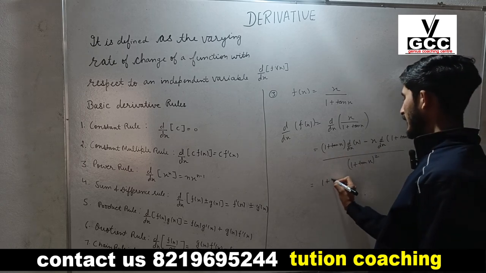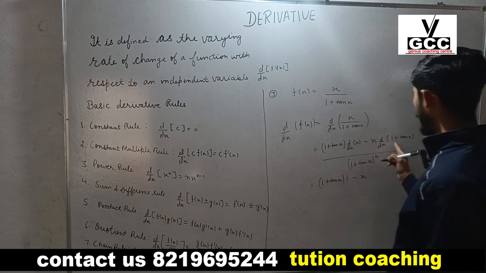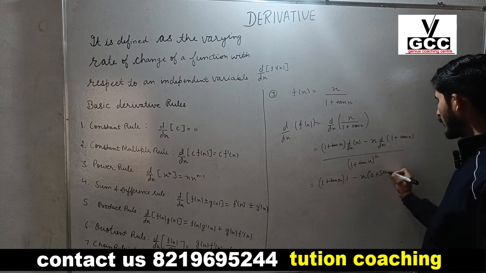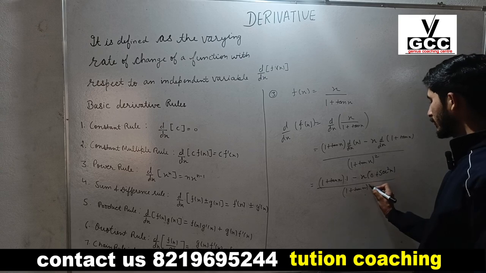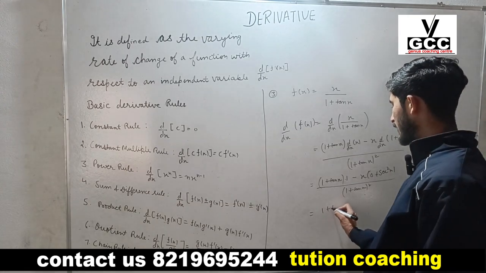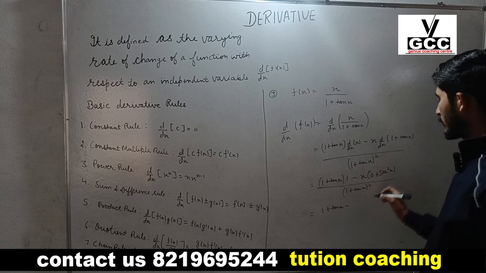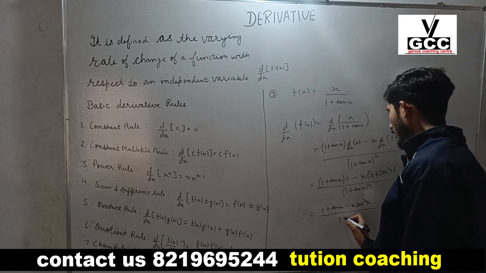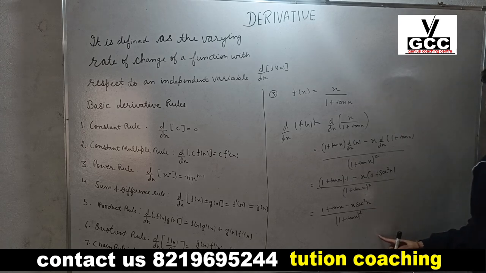whole squared. So we have to solve: 1 plus tan x as it is, derivative of x is equal to 1, minus x, derivative of 1 is equal to 0 plus derivative of tan x equal to secant squared x, whole upon (1 plus tan x) whole squared. 1 into (1 plus tan x) is equal to 1 plus tan x, minus x into secant squared x, whole upon (1 plus tan x) whole squared.